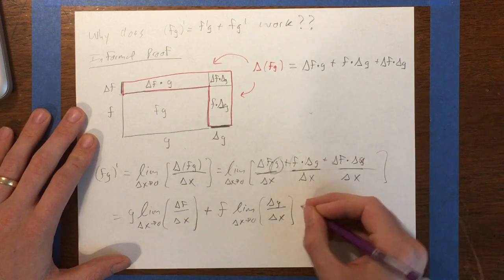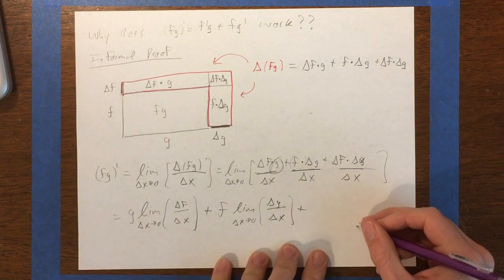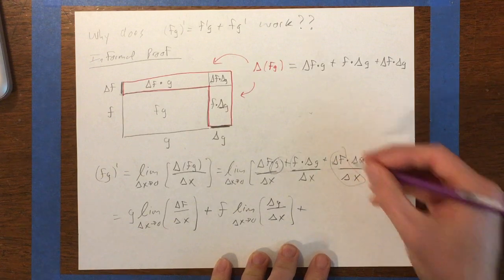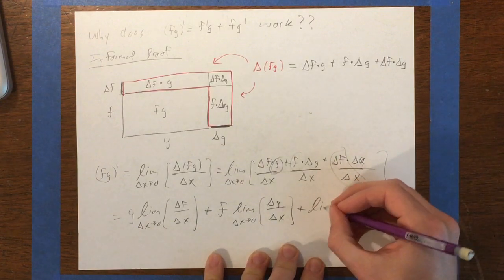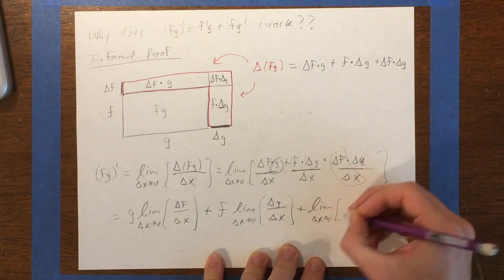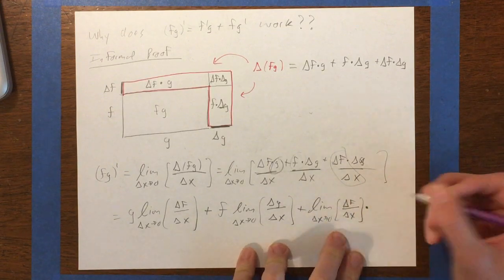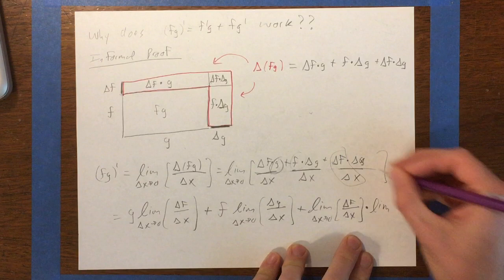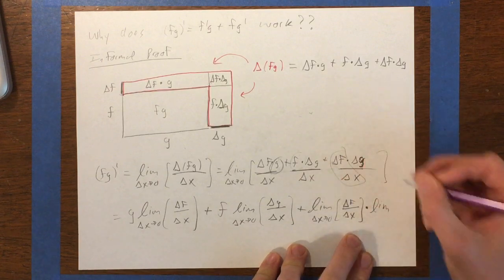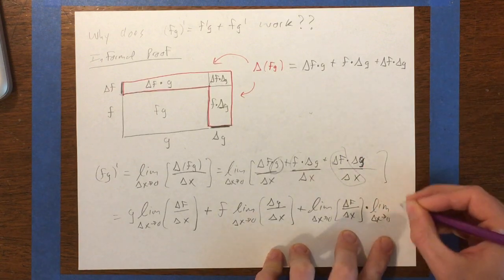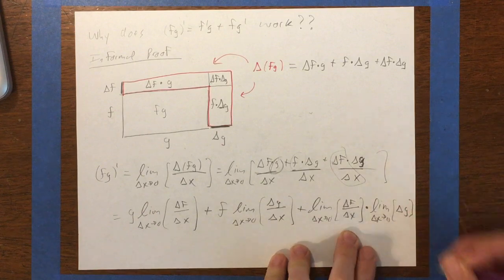And then for this third piece, we can split that up as delta f over delta x, and do the limit of that. And then let's apply that product rule for limits, where we'll say the limit of the product, this is g here, is the product of the limits, like that.